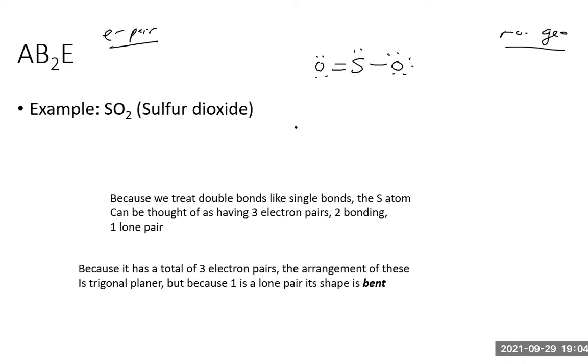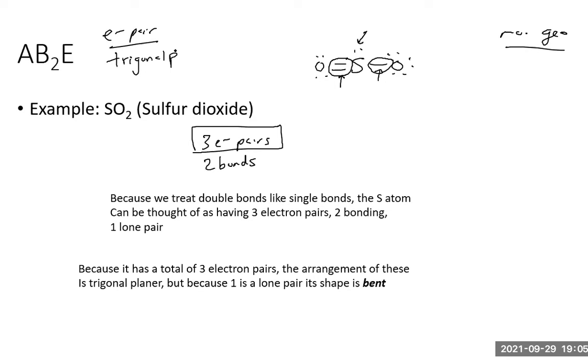Looking at this sulfur, in terms of electron pairs, it has one electron pair here, two electron pairs here, and three electron pairs here. The double bond counts as only one electron pair. In terms of bonds, it has one bond here, and again the double bond only counts as one, so that is two bonds. The electron pairs determine the electron pair geometry, and it has three, which means it is still trigonal planar.